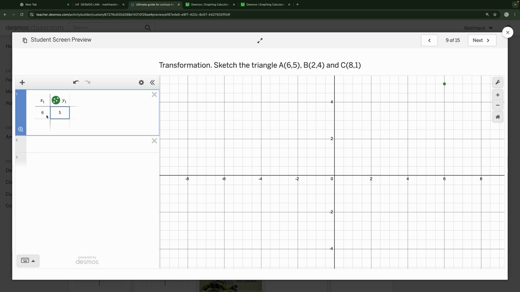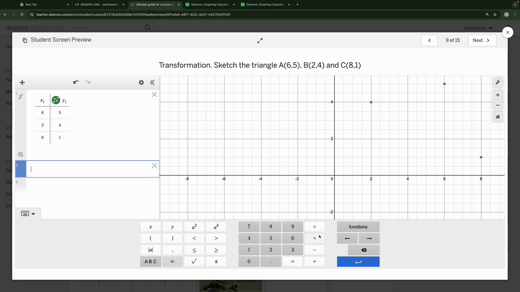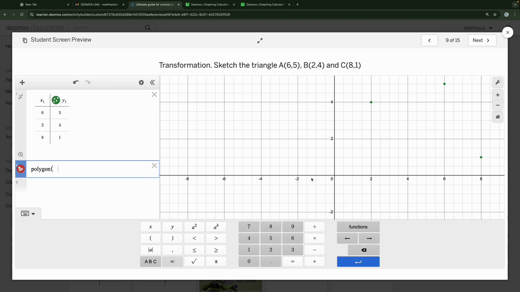So we put in our coordinates 6, 5, then 2, 4, and then 8, 1. All we have to do is go into the calculator, close it, and type in polygons and geometry.